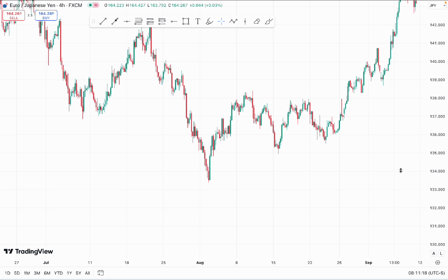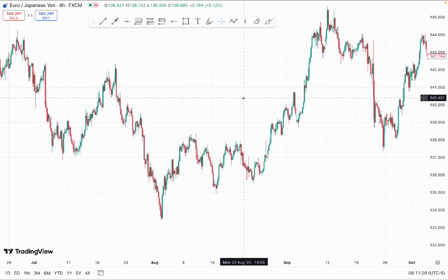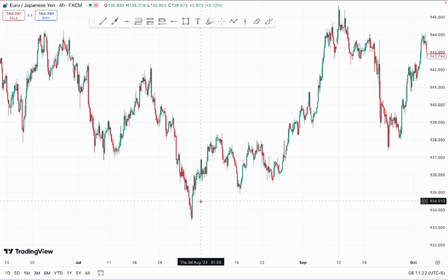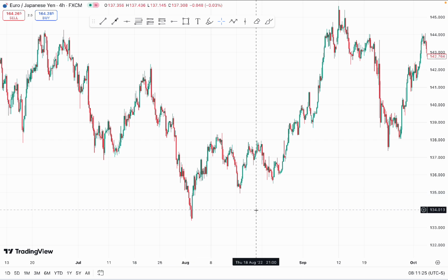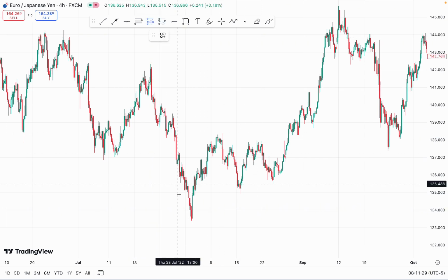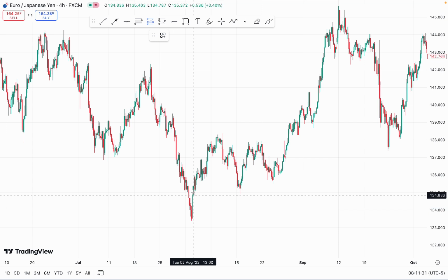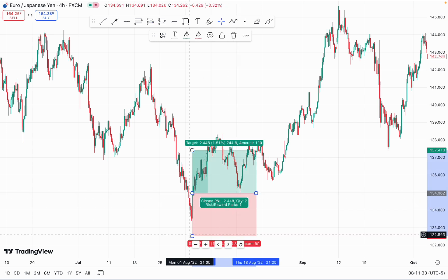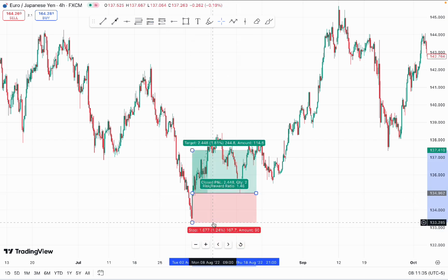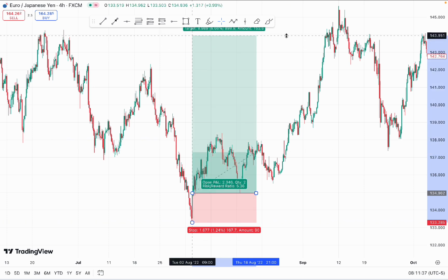Let me show you how this simple technique can give us profits. So let's say we've just bought just above here, and we have set our stop loss just below the previous low.